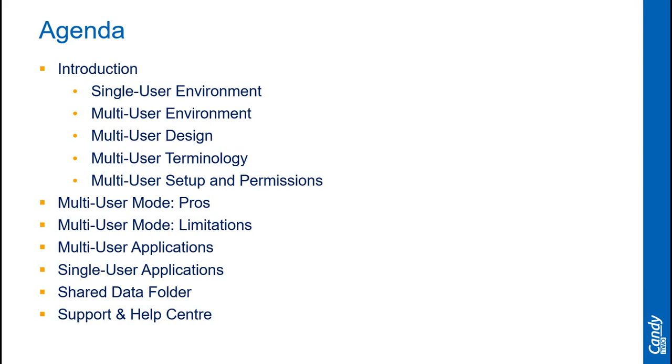My answer is zero, none. All these capabilities that I've shown you in this webinar are already inbuilt into the Candy licenses that you're running. All you need is a minimum of 2 Candy licenses and your IT team's assistance to set up the shared multi-user folder on your local network.